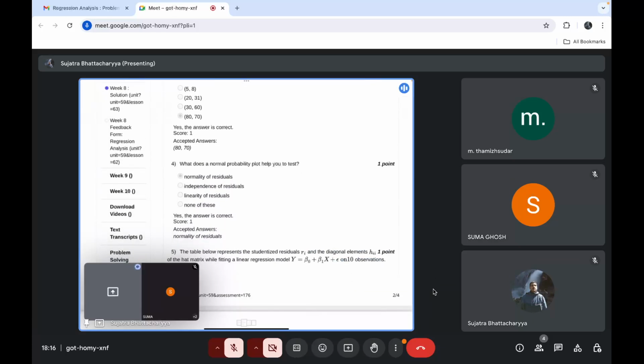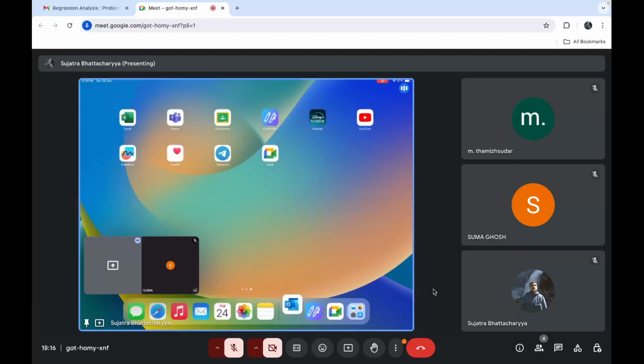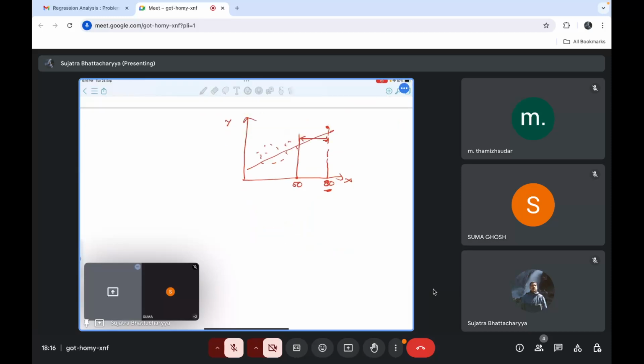What does a normal probability plot help you to test? Of course, the normality of the residuals, because if you remember the normal probability plot, what we did that time, I think corresponds to the week 7 content.